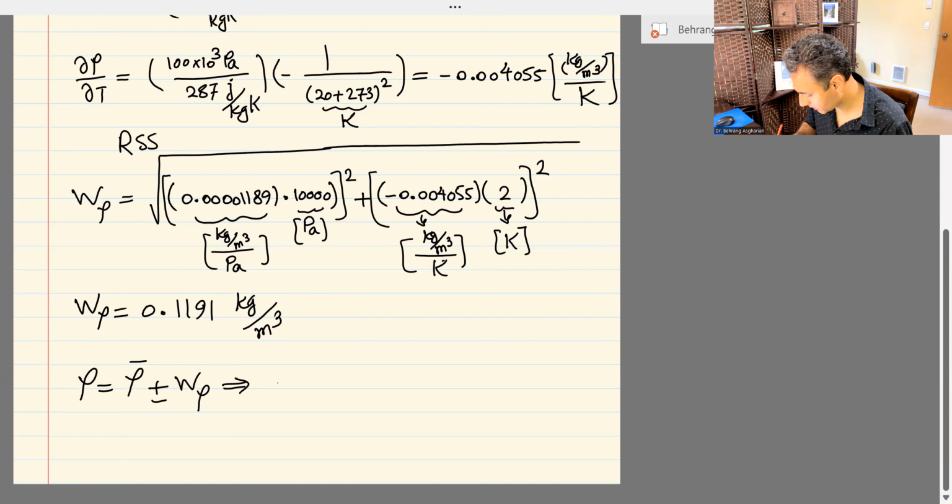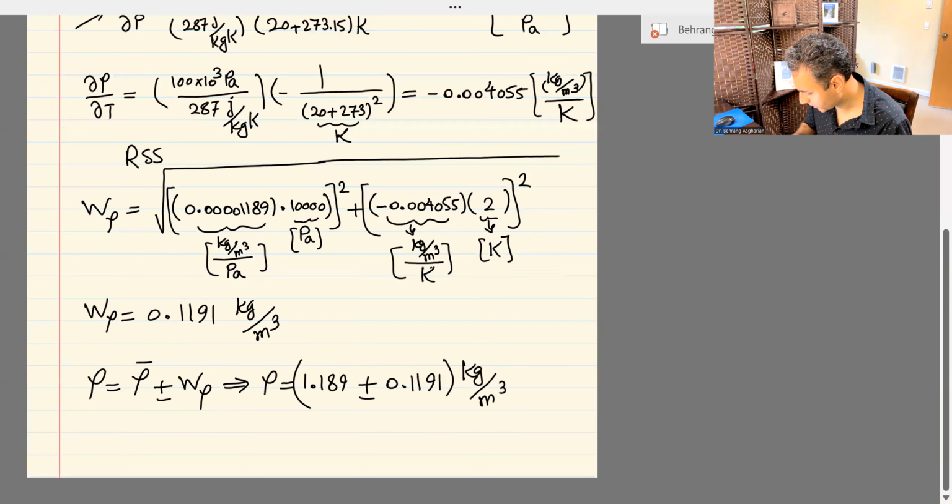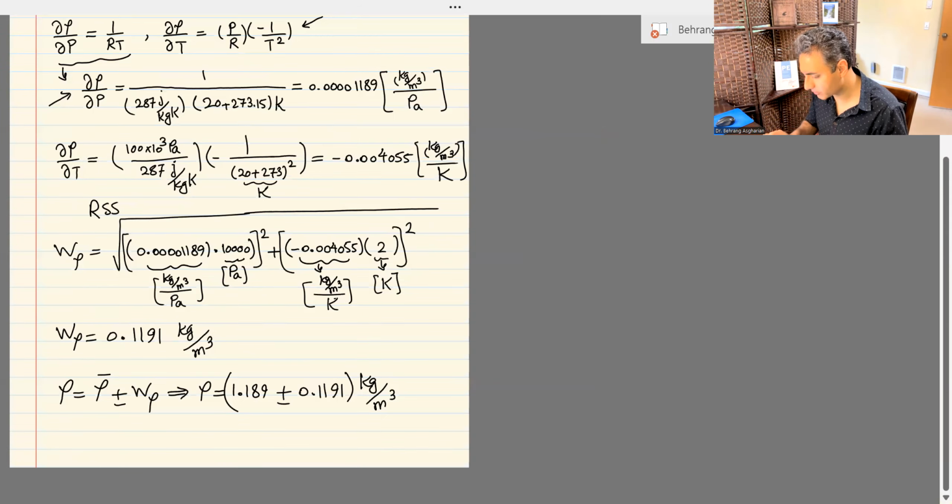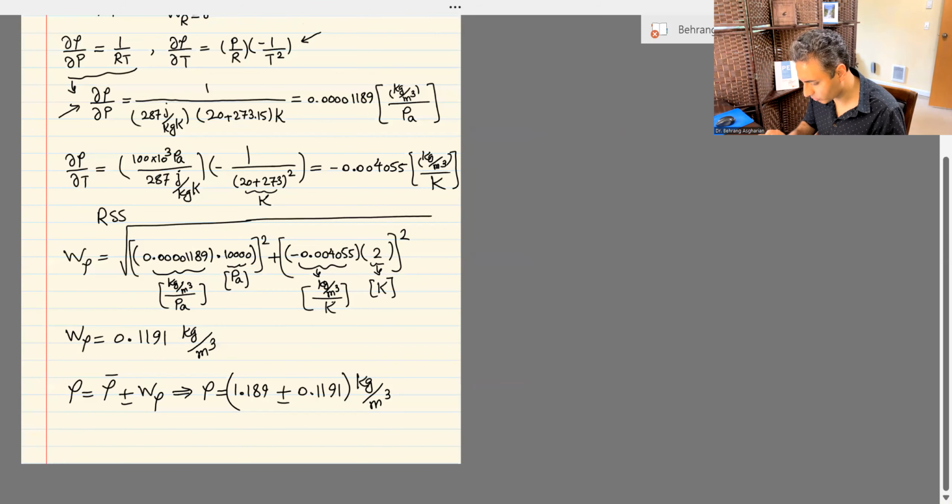Which means density equals, in this case, 1.189 from what I remember, plus minus 0.1191. This whole thing is kilograms per meters cubed. Problem solved. So now I calculated the uncertainty propagation for this problem.